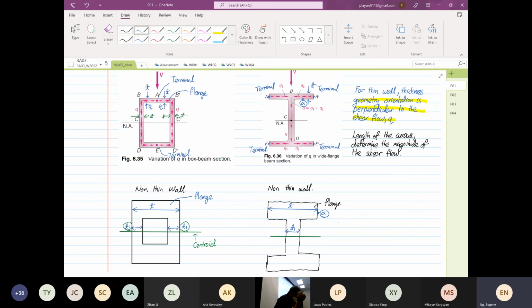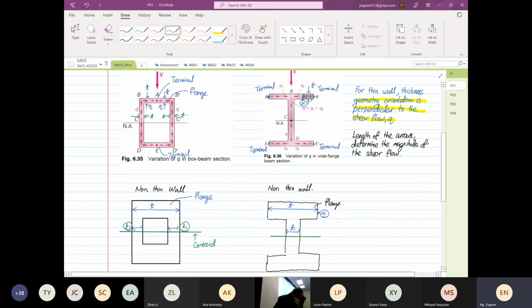Now, the trick about point alpha is this. If you want to look at the stresses at point alpha, you only need to consider this area that I'm shading now. That's it.